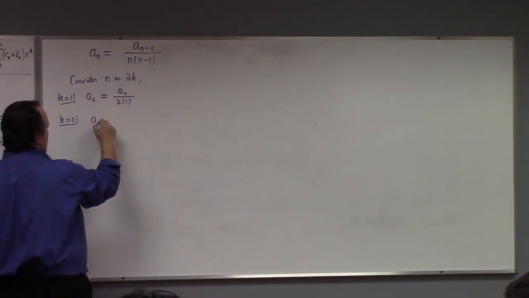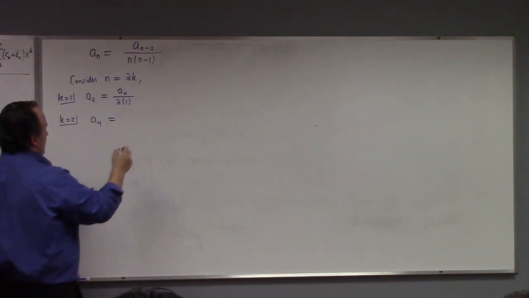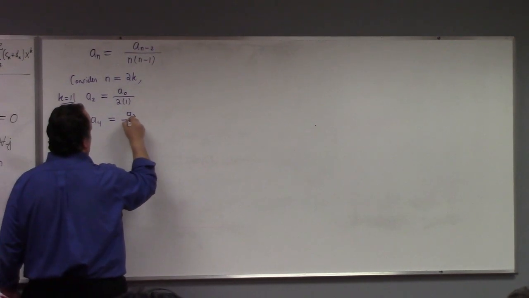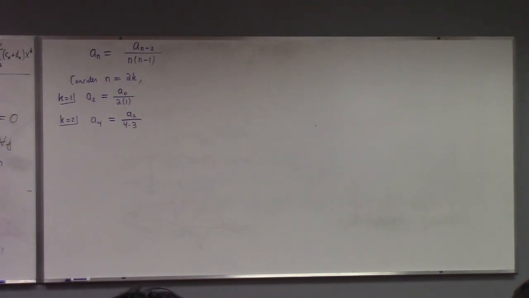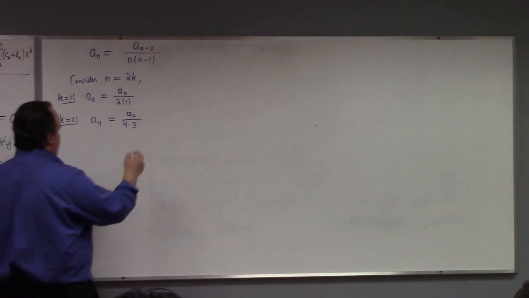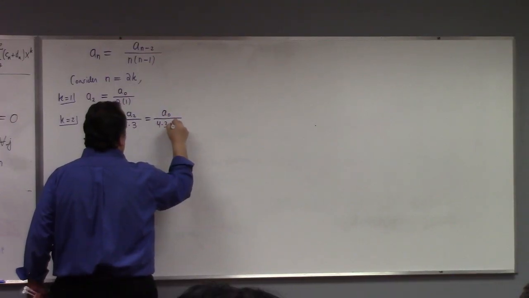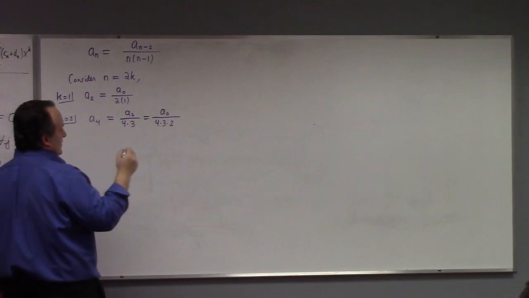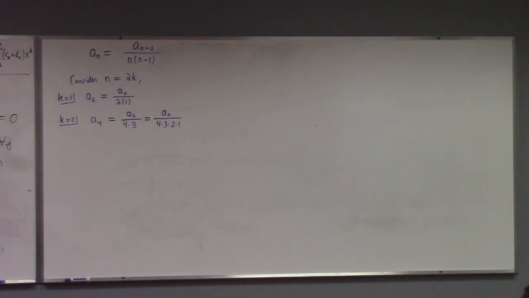K equals 2, what do we got? a_4. It's always 2 less, right? So a_2 over 4 times 3. But that is actually a_0 over 4 times 3 times 2, and you can throw a 1 in there if it makes you feel better. How about k equals 3?